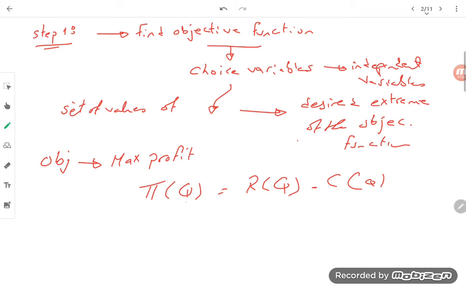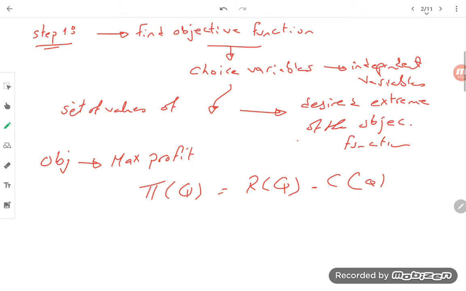Revenue is a function of quantity, so it is written as y, function of q, and finally cost is a function of quantity.